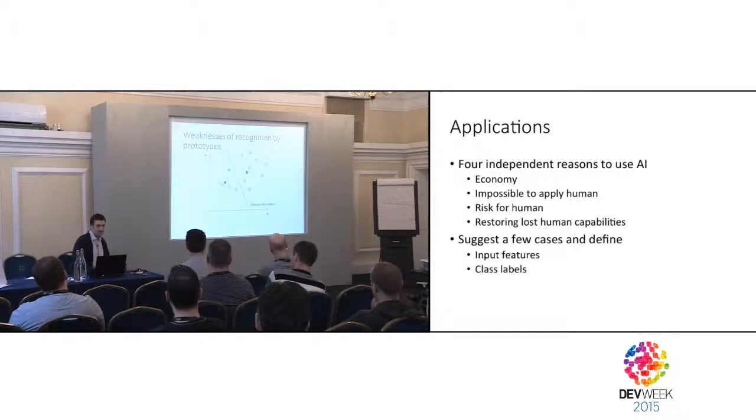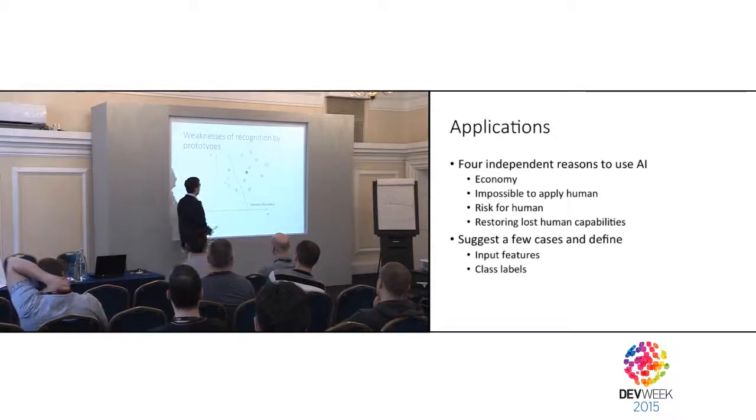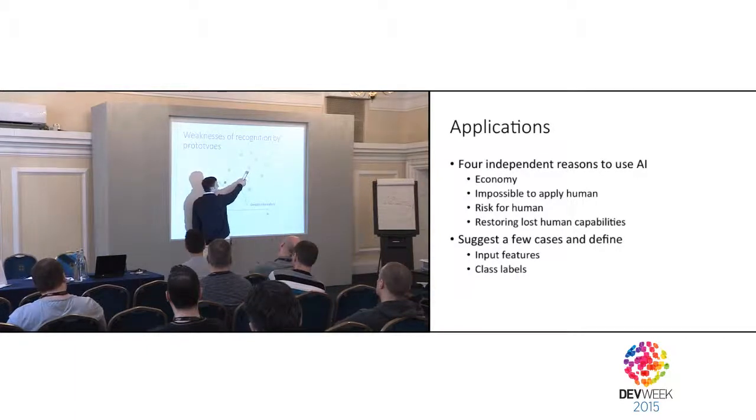So let's consider the weaknesses of recognition by prototypes. In this example, you see that all points on the right side of this dashed line would be closer to this prototype than to this prototype.